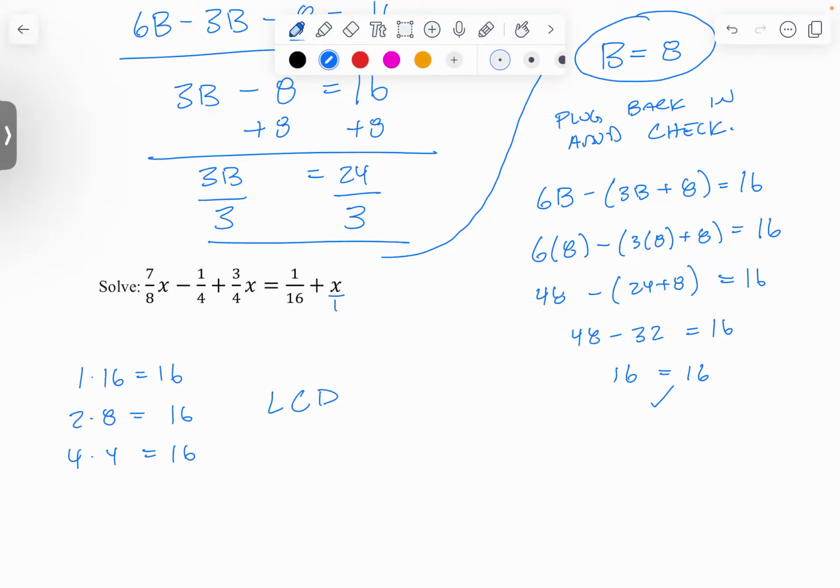Now, remember, if you ever get confused creating your fractions, if you multiply all the numbers together, the denominators 1, 4, 8, and 16, that will create a common denominator.